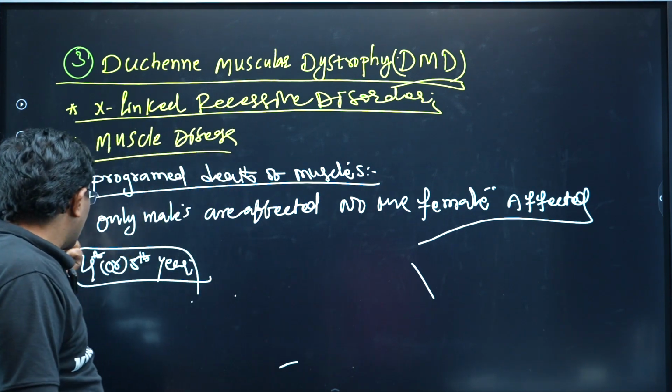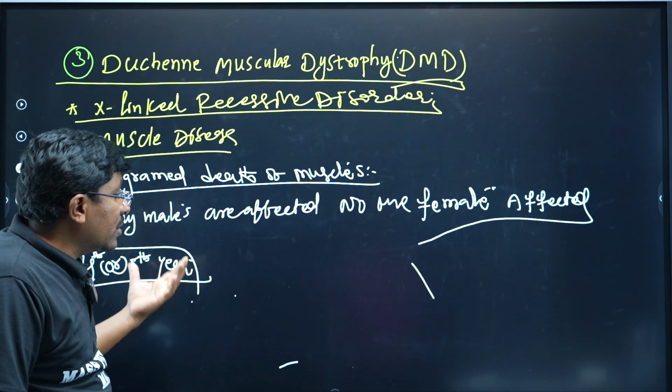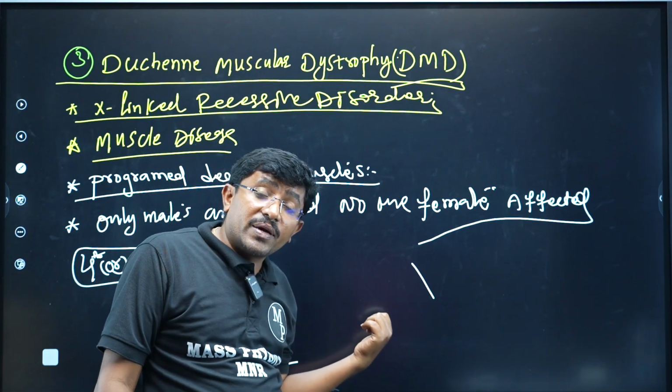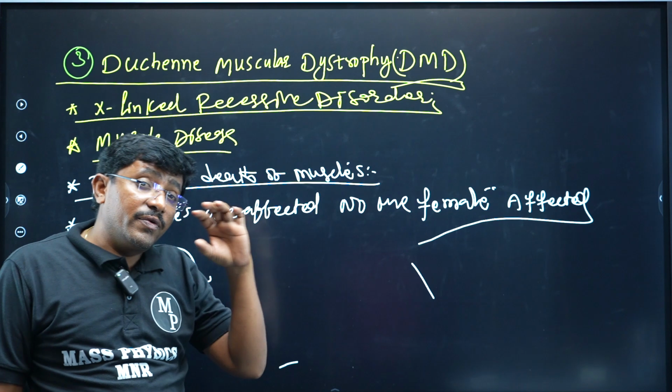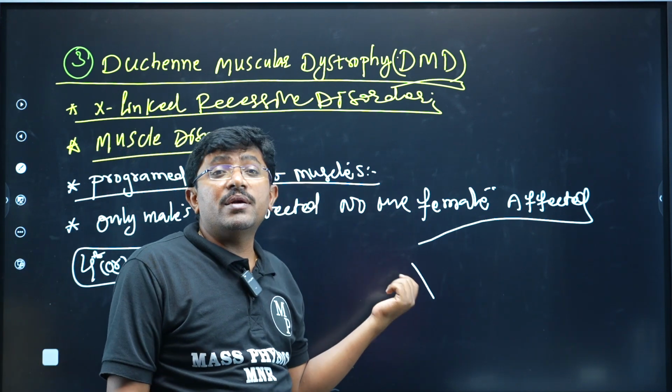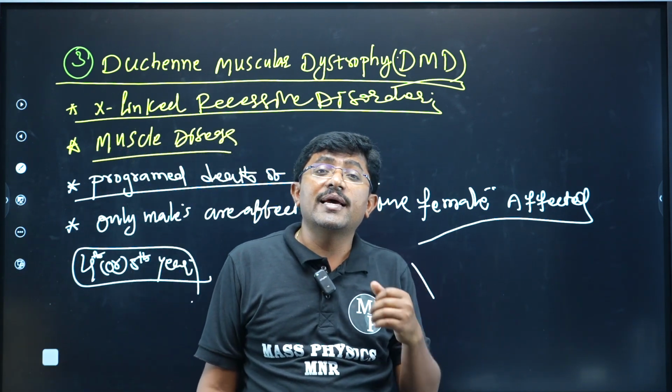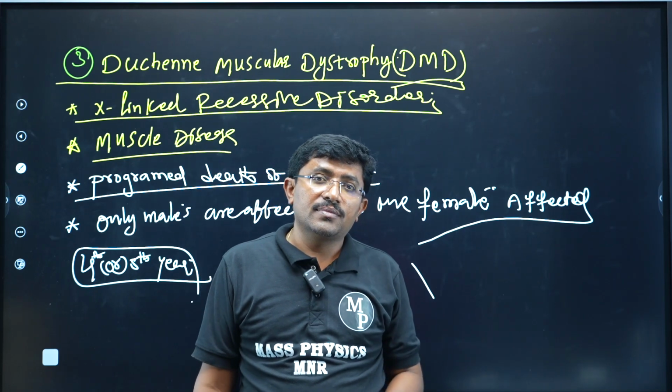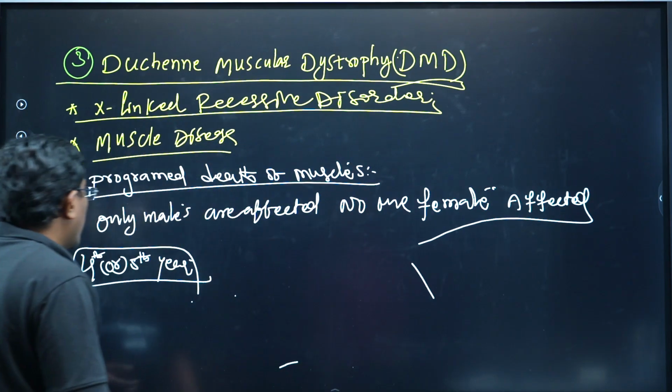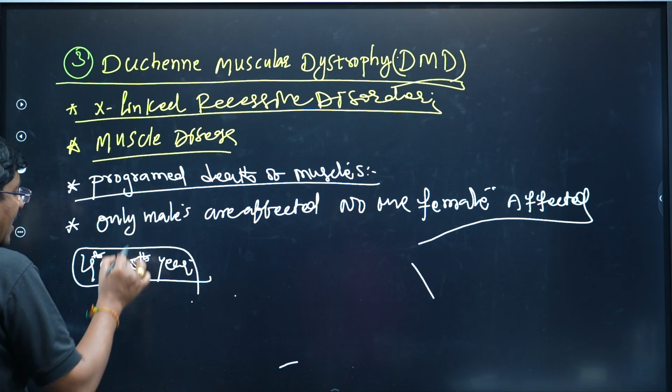Once the baby is born, why are only males affected? Always for this DMD the females are present as carriers, and a male is born with this trait.